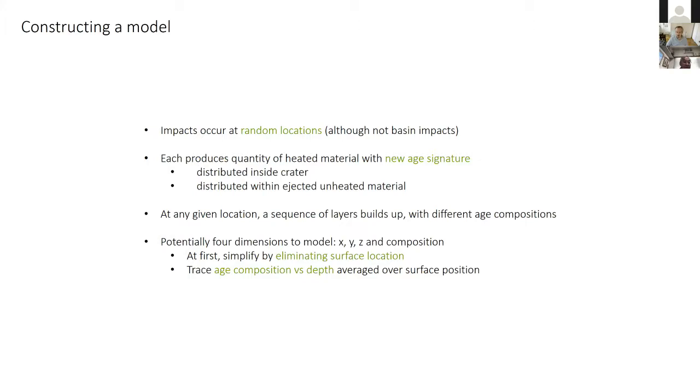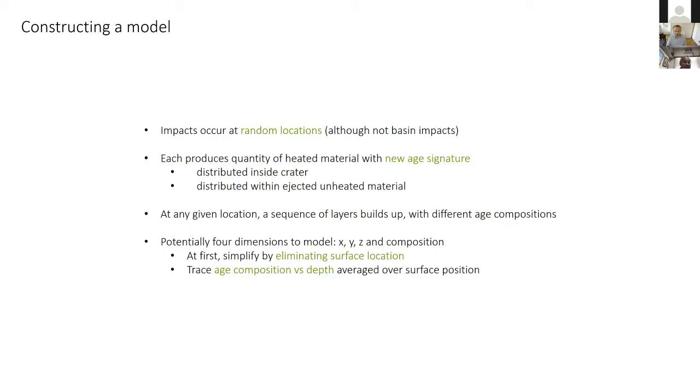There's only a small fraction of it which is close to the impact boundary, which gets to temperatures which are high enough to reset the potassium-argon clock. At any given location, a sequence of layers of ejecta builds up, and each layer has its own composition of different ages.